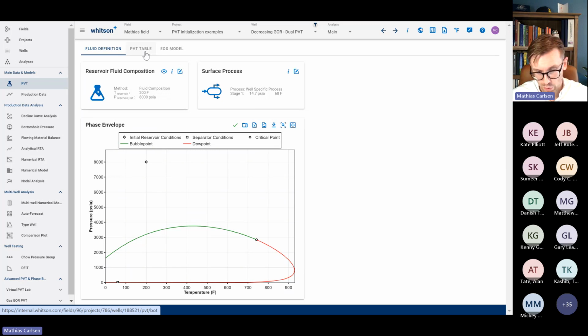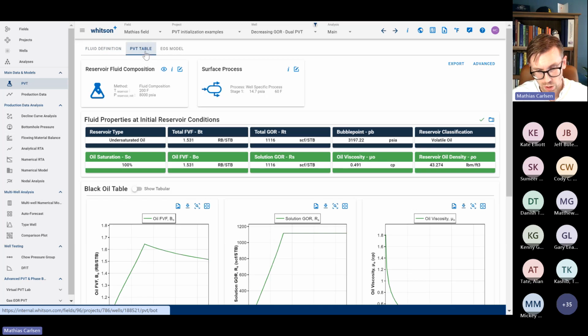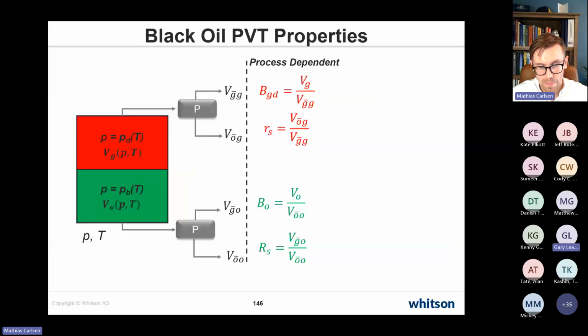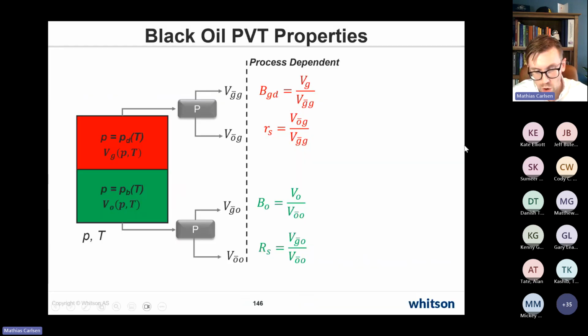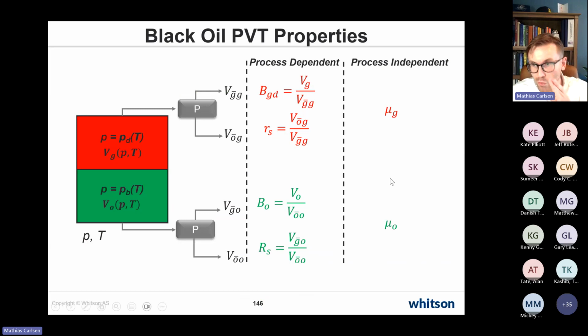I was at 1.46, and I should probably go up to a number higher than 1.5. So it is exactly the same fluid; the only thing I changed is the process. What you probably didn't notice is that the viscosity is the same. So the viscosity terms are process independent.